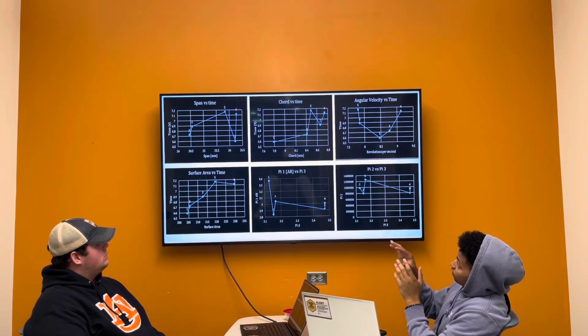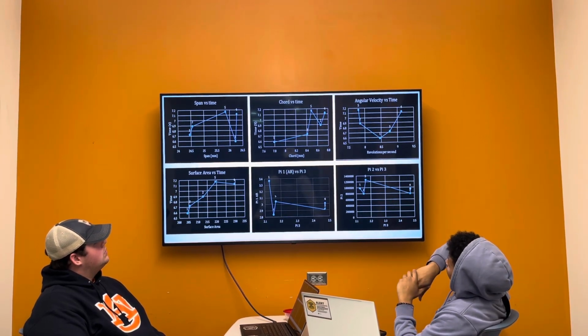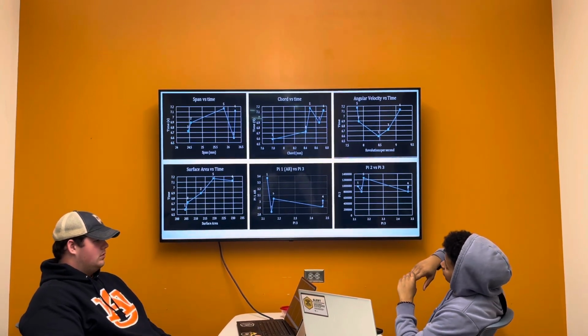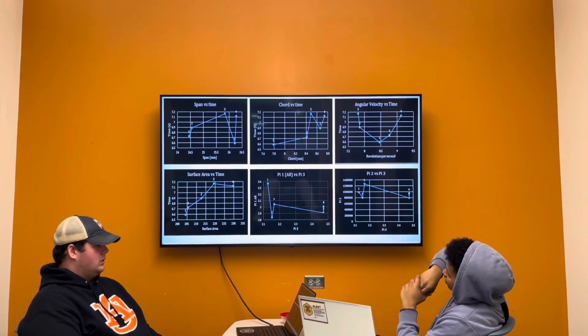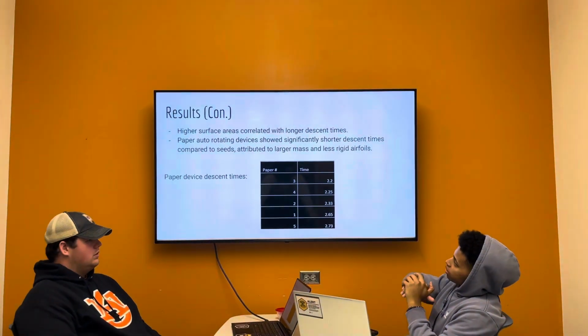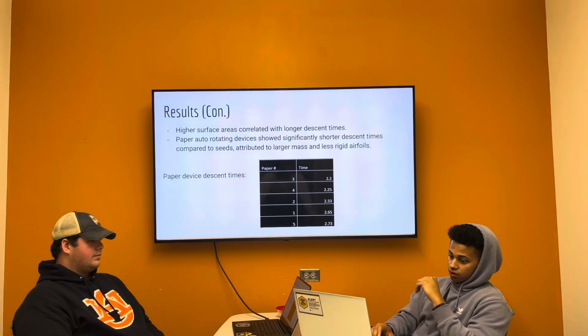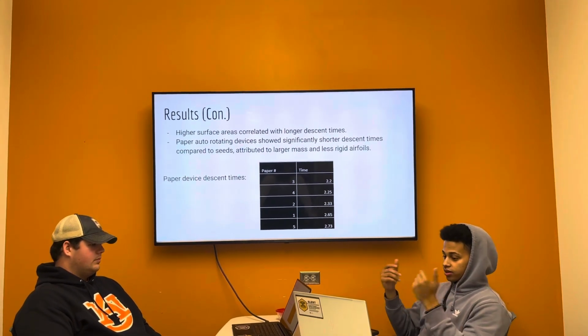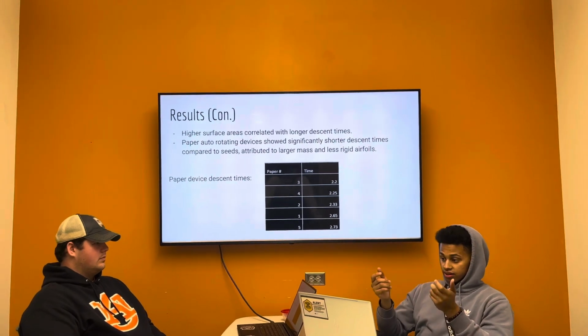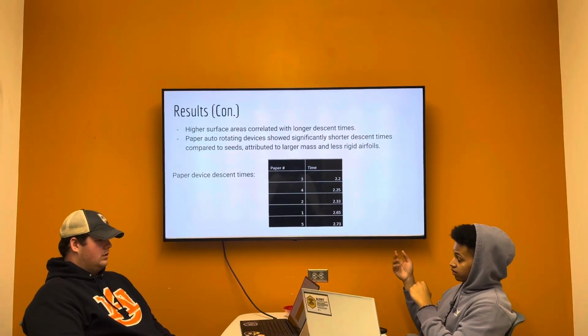And just overall, if you just look at the graphs, you can tell that the results vary from seed to seed in different places. With our results, also during the experiment, we decided to test another variable, the surface area of the seed, as can be seen from the graphs.